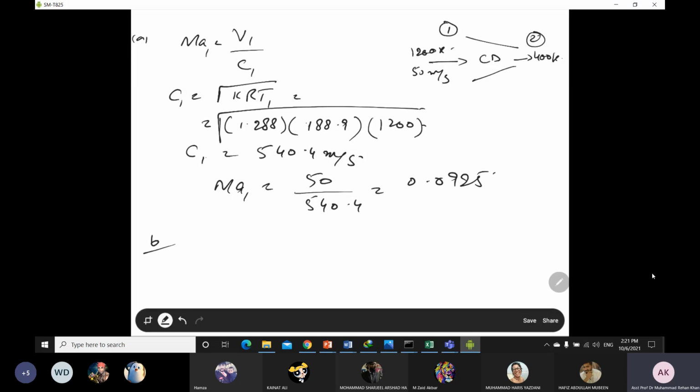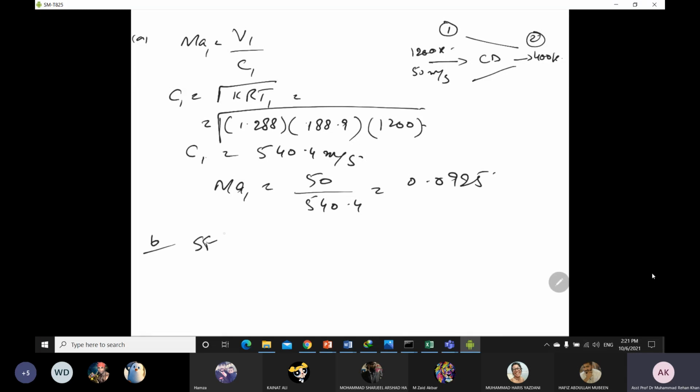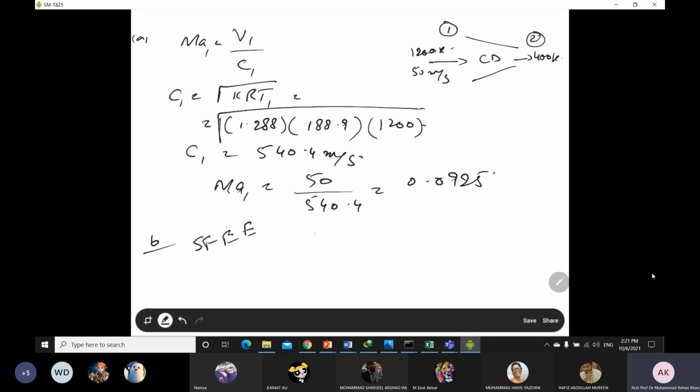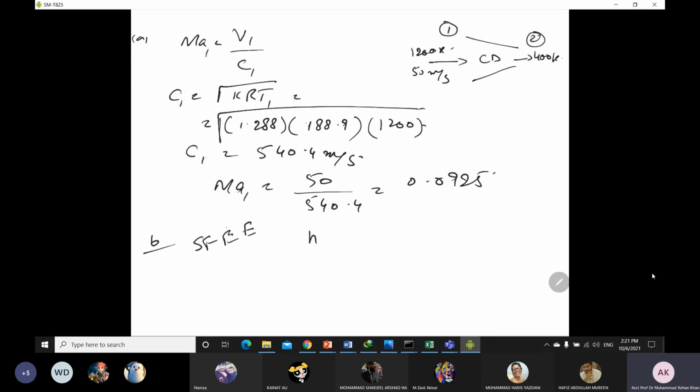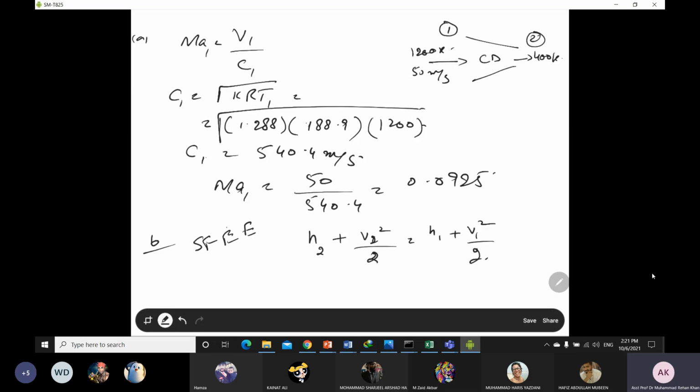Simply you have to apply the steady flow energy equation. Basically it is H2 plus V2 square divided by 2 is equal to H1 plus V1 square divided by 2. This is the basic steady flow energy equation.